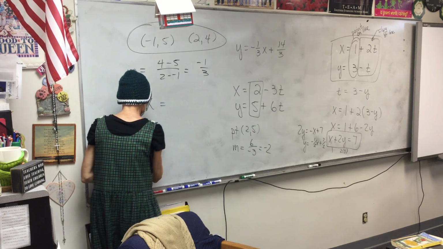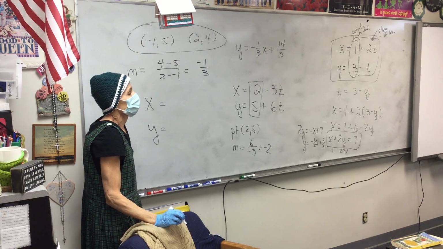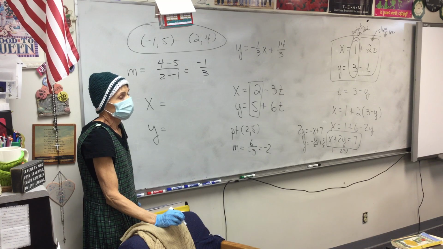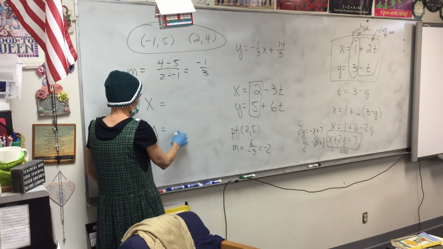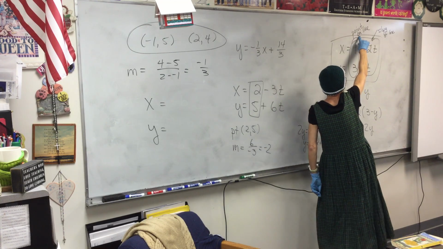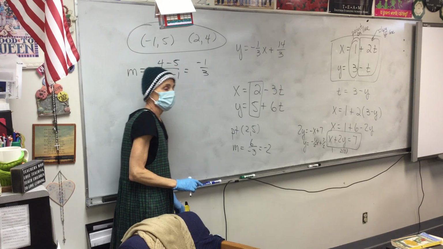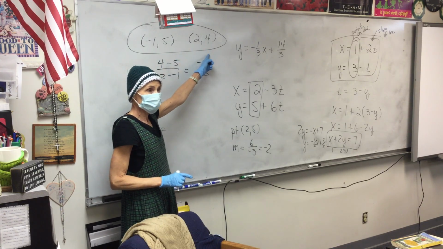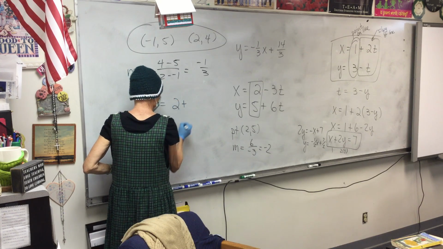And we're going to write these parametric equations. Now, what goes here? A point on a line. Oh, does it matter which one I use? No. I like positives. I'll use 2 and 4.